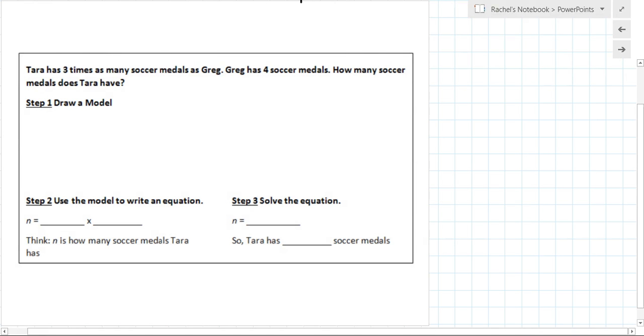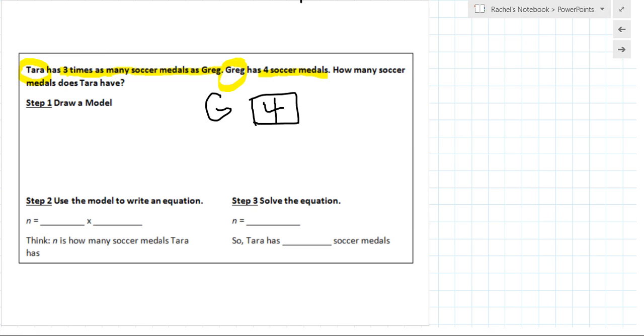I'm going to use a highlighter. We're trying to get students to pick out the important information in the problem as a strategy. Greg has 4 soccer medals. So we're trying to find out what Tara has. Tara is the unknown.